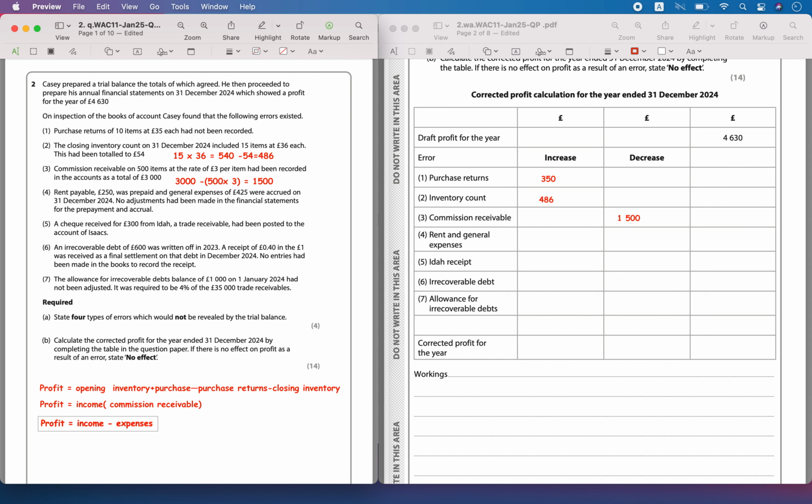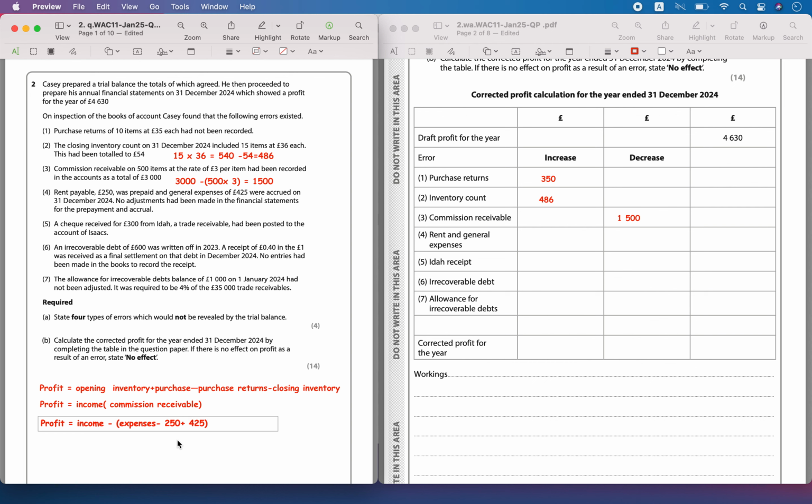The rent was prepaid, so we subtract 250 from expenses, and for general expenses we add 425.